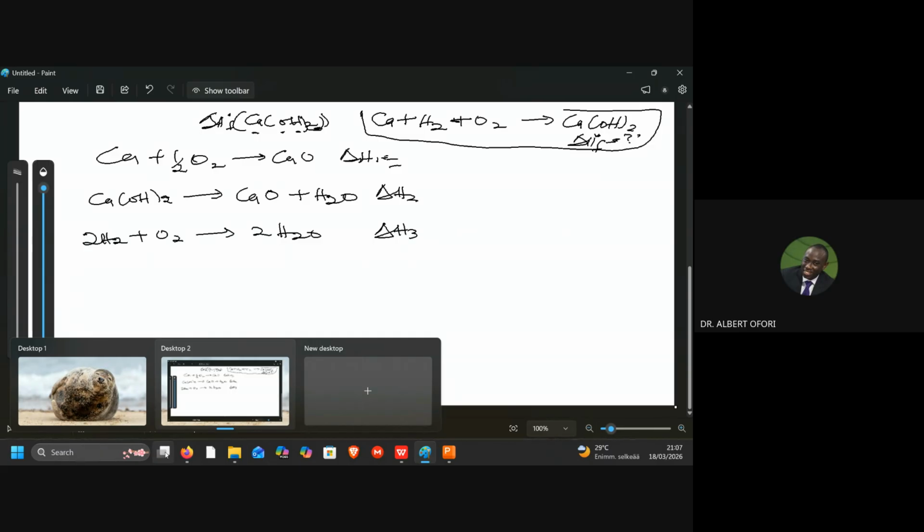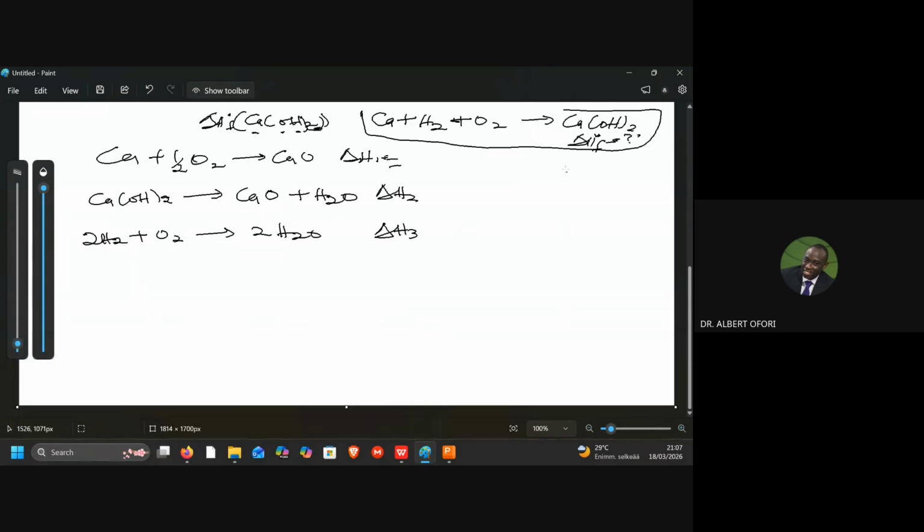Sometimes they give you the equation, but once they say standard enthalpy of formation, you should get the idea that it's forming just 1 compound. So you just look at the elemental form, put the individual elements, and form just 1 compound, if you don't have any idea how that equation will look.